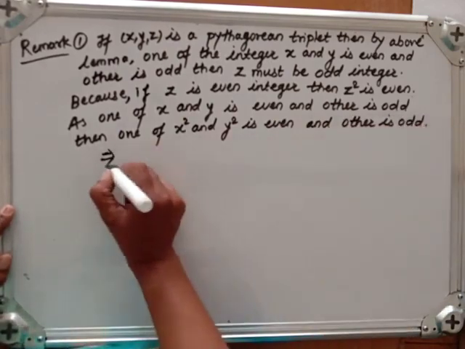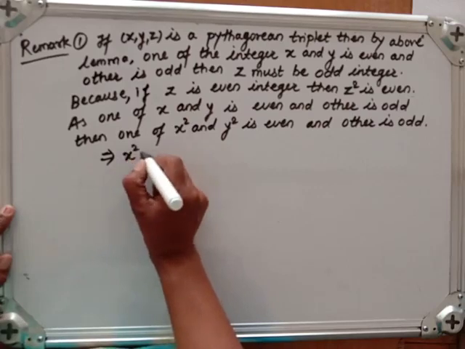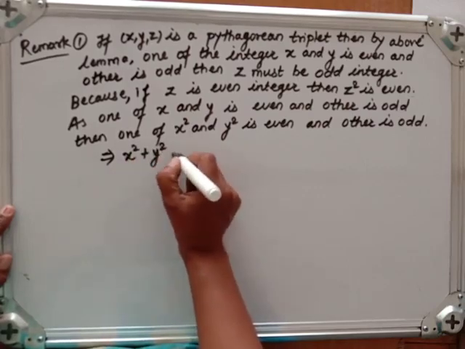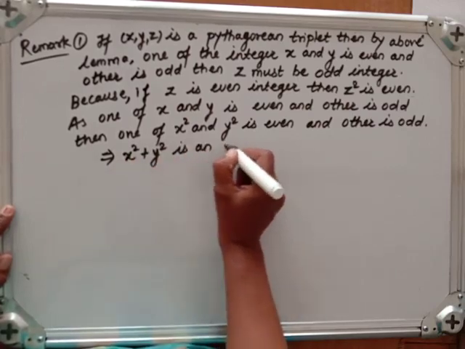This implies x square plus y square is an odd integer.